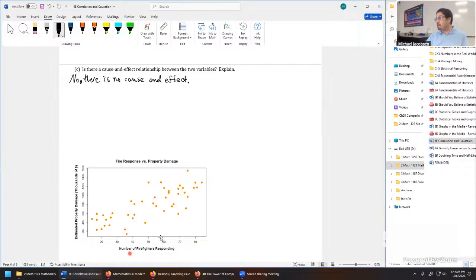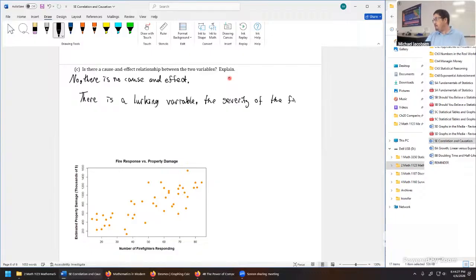So we can say here, for the explain part, there is a lurking variable, the severity of the fire. And the severity of the fire, there's probably a good ways to measure this. If we're thinking wildfires, it could be active acres that the thing is burning on, for example.